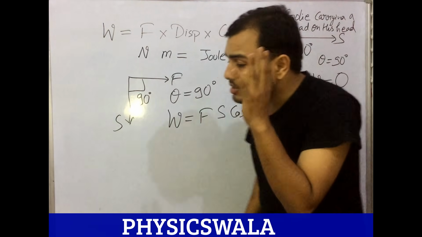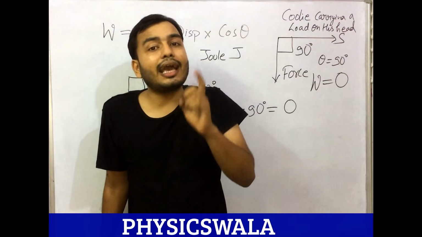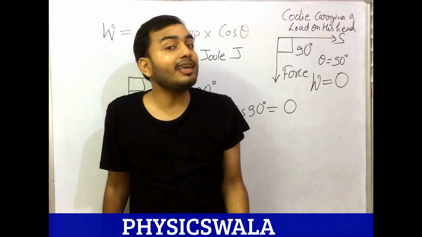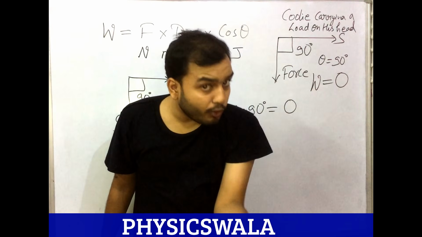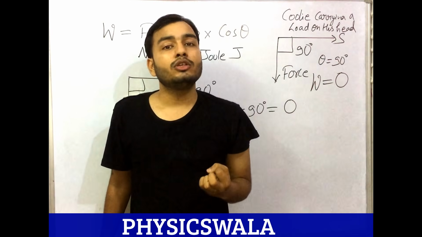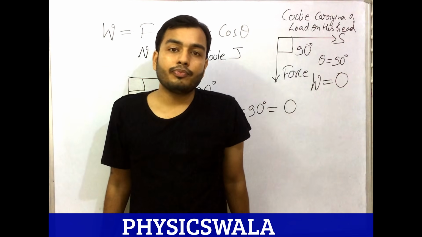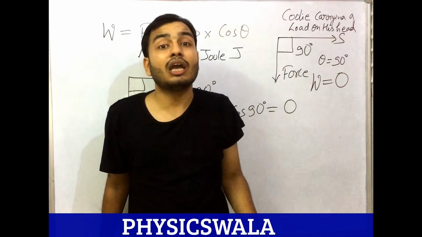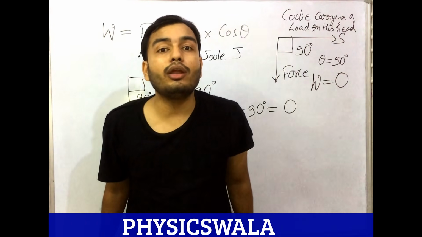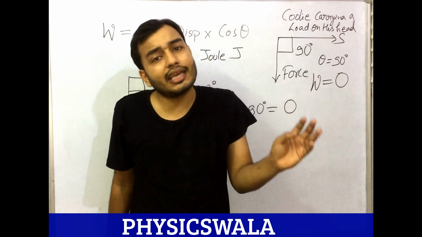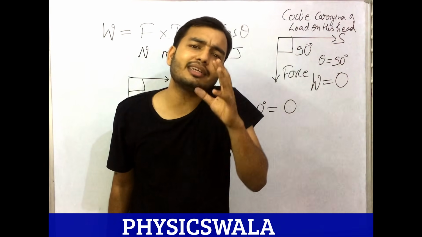So what is the work done by a coolie when he is carrying a load on his head? The work done is 0, against the force of gravity, which is applied by earth. So there are many examples where work done is 0 whenever force and displacement are perpendicular. Is this clear? This is going to be asked in ICSE. It has come many times in the paper.